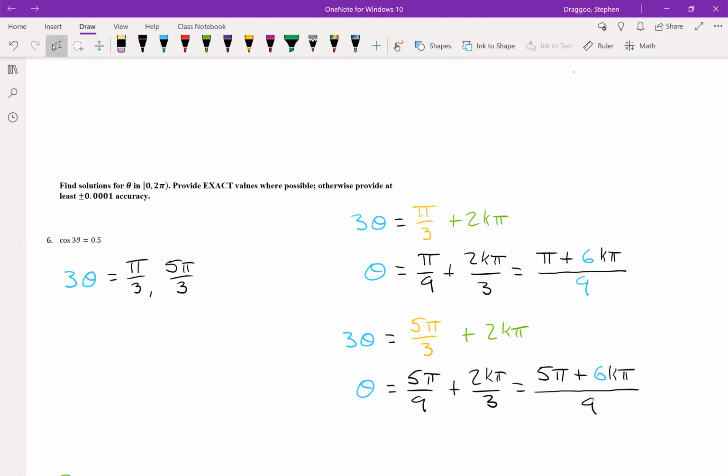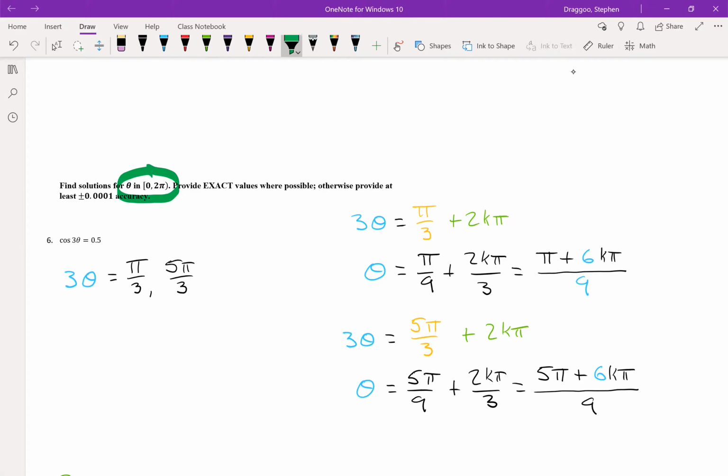Here we have problem 6, where we're going to change what we're solving for slightly. Because we're actually going to go back to the same equation that we were asking in the first set of problems in 1 through 8, where we're back to looking for solutions for theta in 0 to 2 pi. But there's a bit of a twist this time, because I'm going to be adding that coefficient to theta back in.